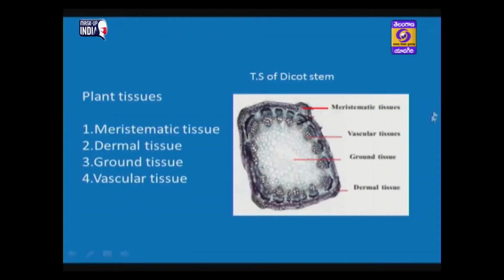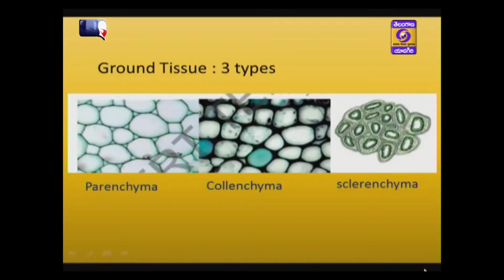Now, let us move on to the third tissue, that is ground tissue. Ground tissue is of three types: parenchyma, collenchyma and sclerenchyma. Now, observe, children, in parenchyma the cells are thin walled and loosely arranged.